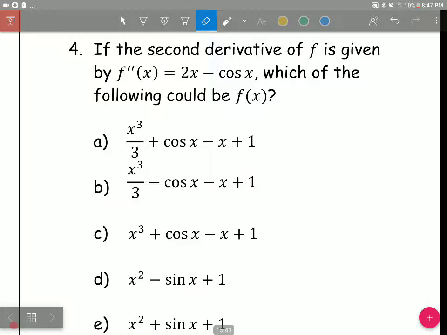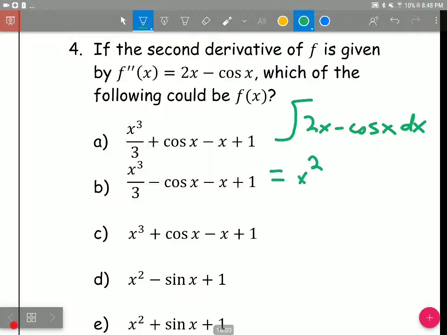But we can go halfway and make a suggestion beyond that. So if I take the antiderivative of 2x minus cosine of x dx, that would equal x squared plus, negative cosine of x.